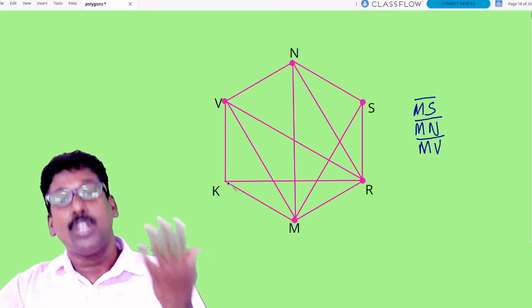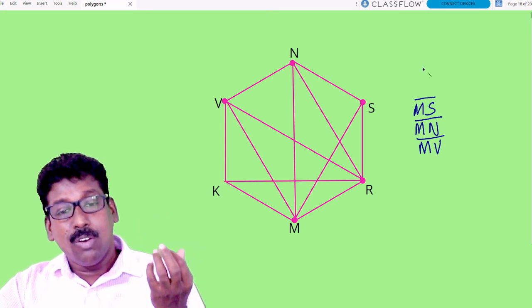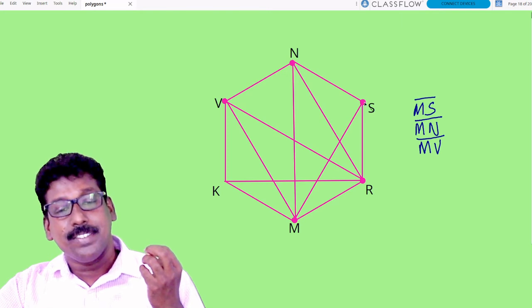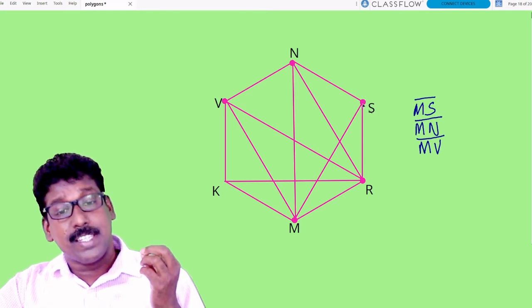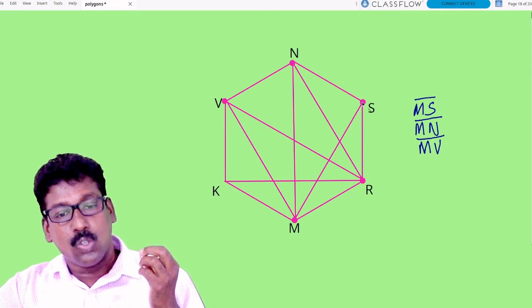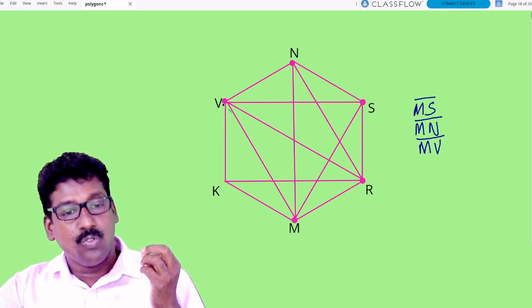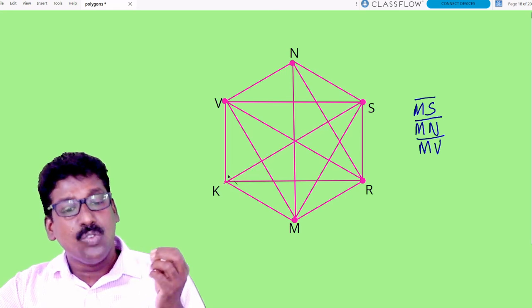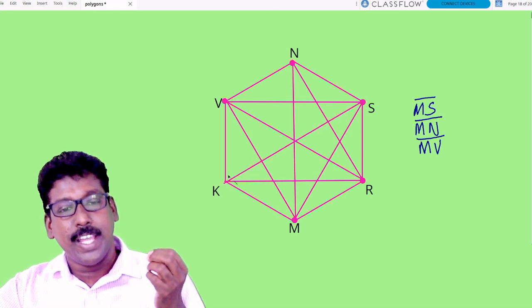So you got three more diagonals. Now consider the vertex S. According to vertex S, N and R are adjacent. So what are the non-adjacent? V and K. So join SV and SK. SV and SK are also diagonals.